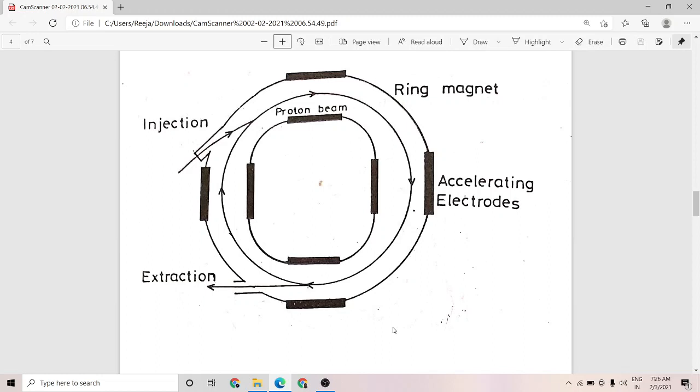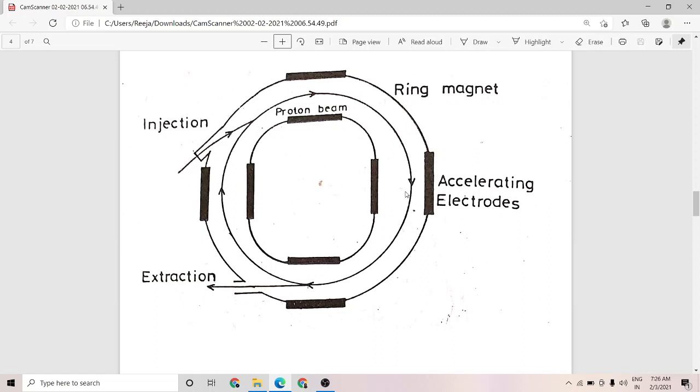Here, the bevatron magnet consists of 4 segments connected by 4 equal straight magnets. These are the 4 equal straight magnets. And there is a ring magnet.